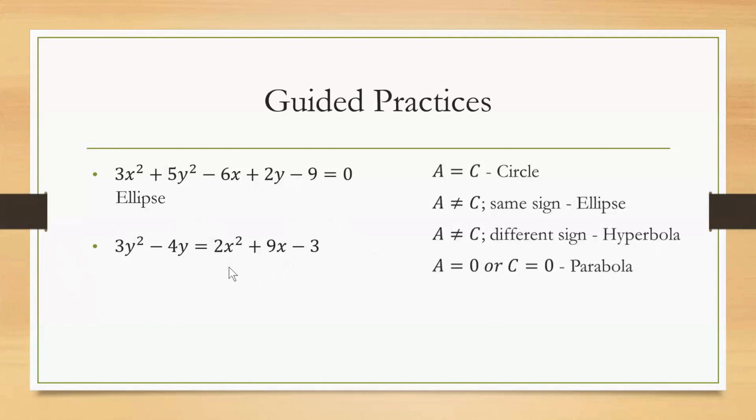Then positive 2x and negative 3. Again, it became negative because we transposed it to the other side. So again, positive 2 and negative 3. They are both different numbers and they have different signs. Therefore, the equation is a hyperbola.